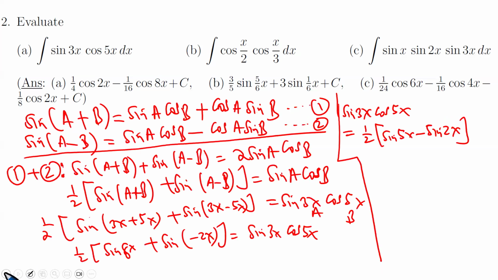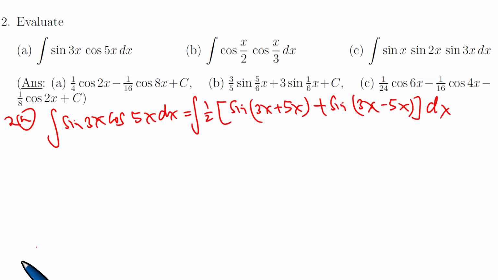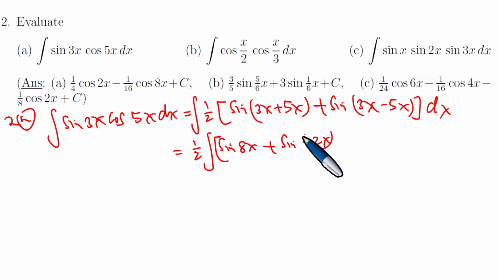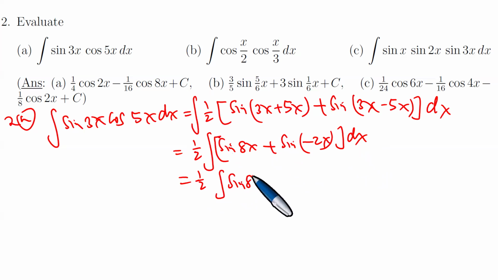So you add the angles up and then you subtract the angles, which is exactly the sine of 8x minus the sine of 2x, which is the integral of sine 8x.